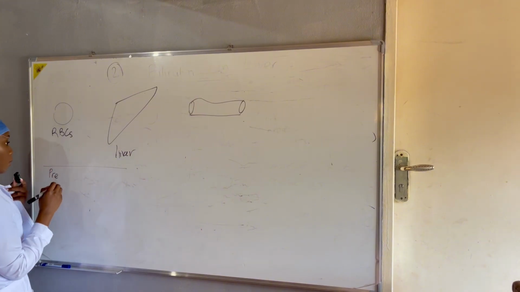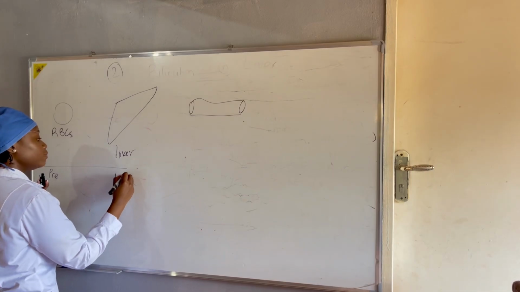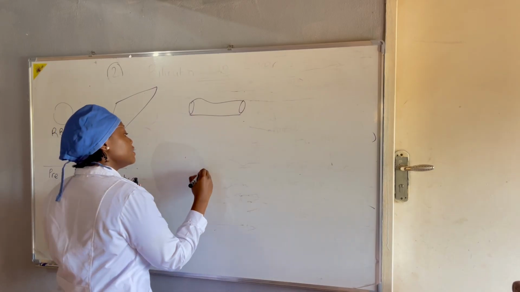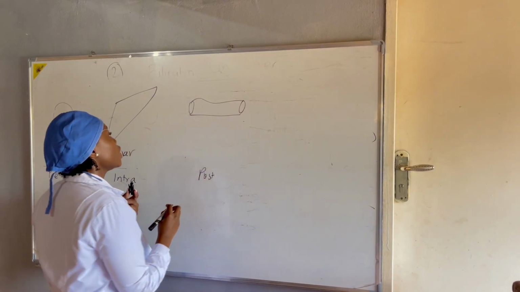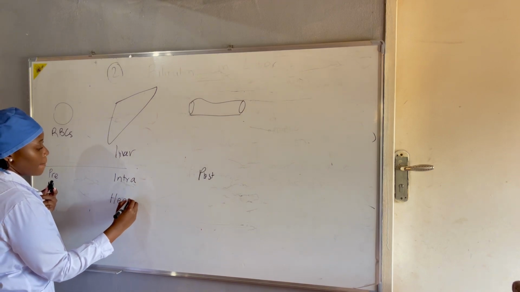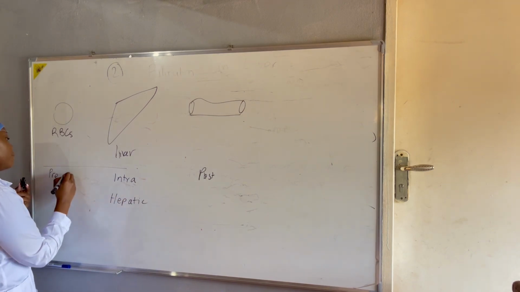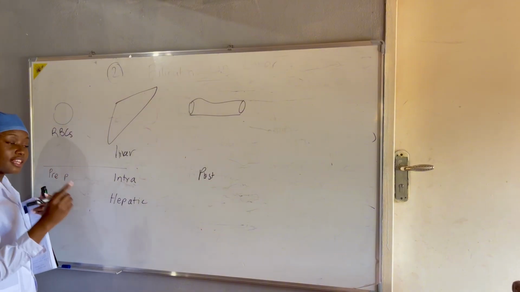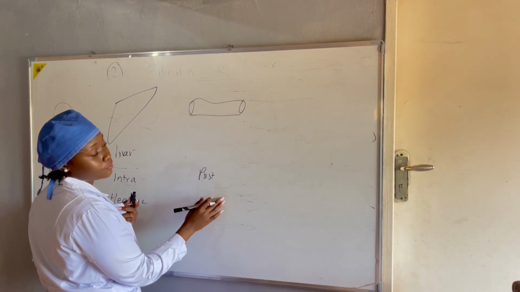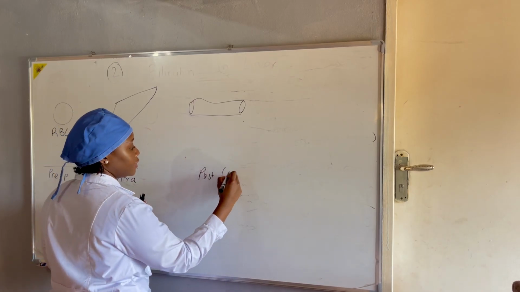Pre is before. This is intra. You know, intra. This is inside. And this is post. So they use the word hepatic. So pre-hepatic, before the liver, intra-hepatic, inside the liver, and post-hepatic, after the liver. Post means after.